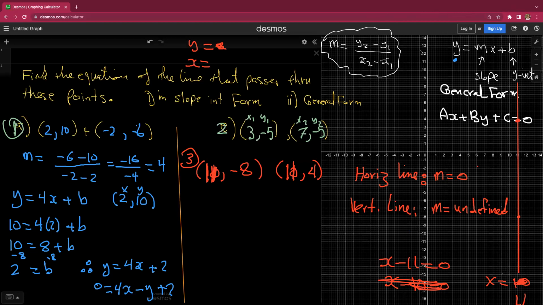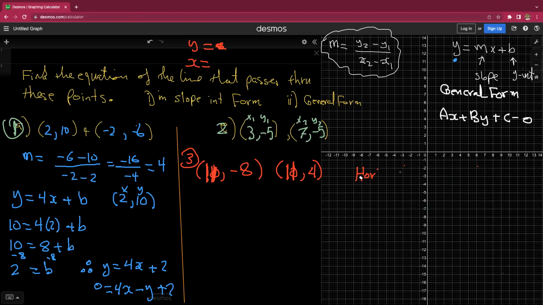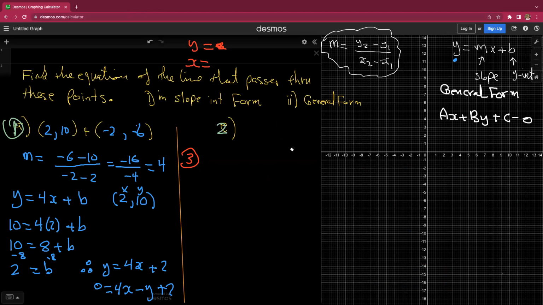I don't want to go into anything else, and our next session is going to be this chapter as well. So I'm going to finish it off next week because I spend a lot of time on finding the equation from slope intercept form. So here, I'm just going to give you 3 questions. The first one and the second one are going to be very fast, so I expect you to do them fast and tell me what your answers are right away.